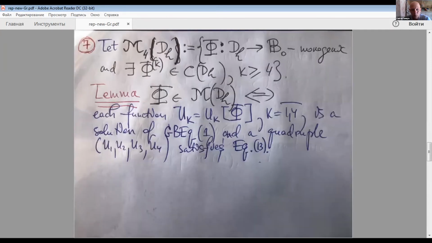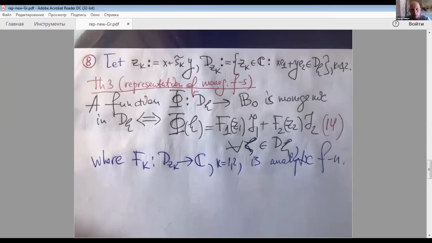So let z_k be complex variables built by use of x and y, the coordinates of the point of the domain D, and c_k with tilde are the elements considered in the formula 6.